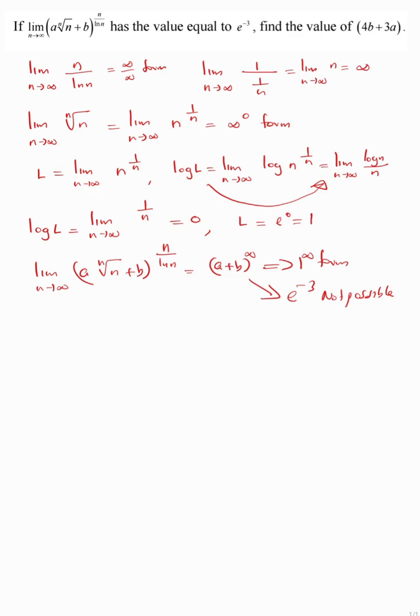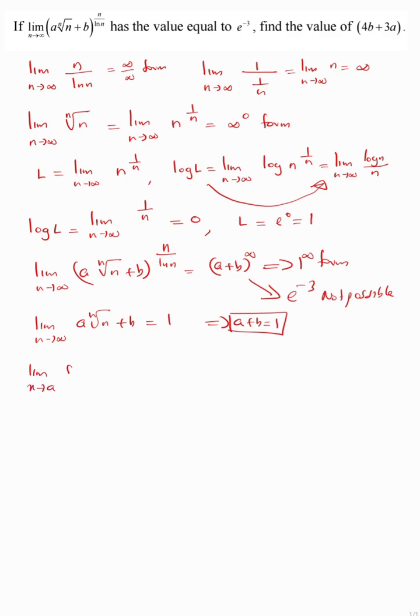So what is the meaning of that? This is 1 raised to infinity form. So the limit of the base, limit n tends to infinity of a into nth root of n plus b, is 1. That means a plus b is 1. So that we got. Which form is this? 1 raised to infinity. For the 1 raised to infinity form, we have a shortcut. What is the shortcut?